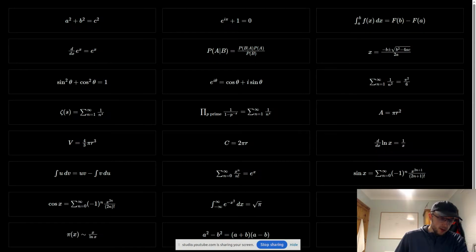Then the square of x minus y, which is x squared minus 2xy plus y squared. Notice it's just the middle term which changes sign. So I'll read those out one more time. X plus y all squared is x squared plus 2xy plus y squared. And x minus y all squared is x squared minus 2xy plus y squared.